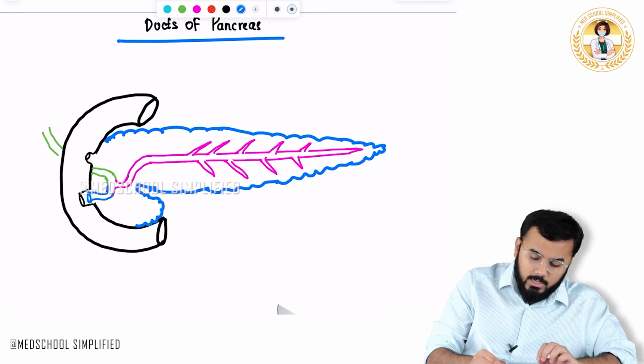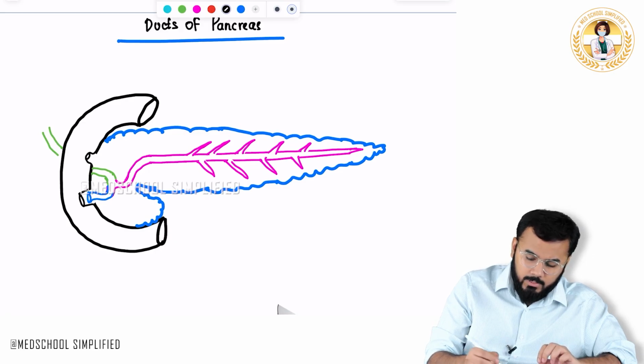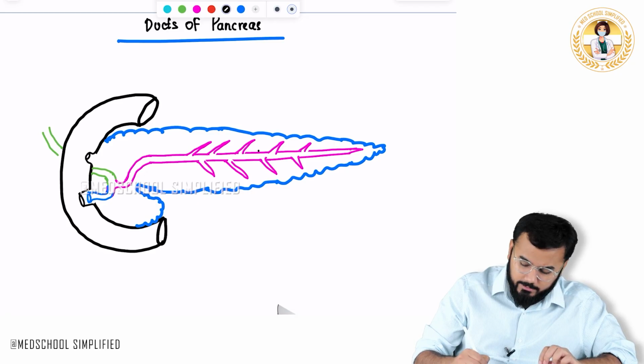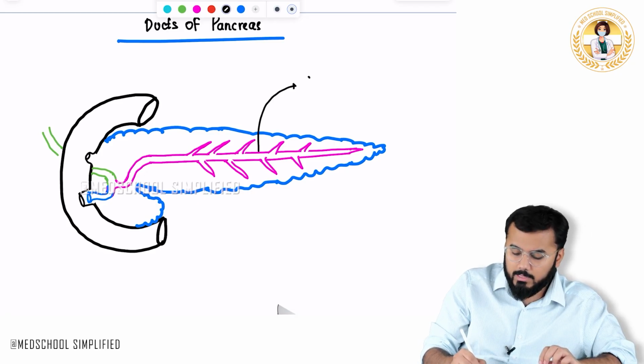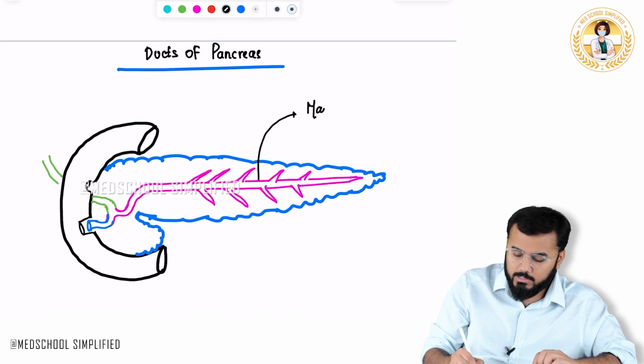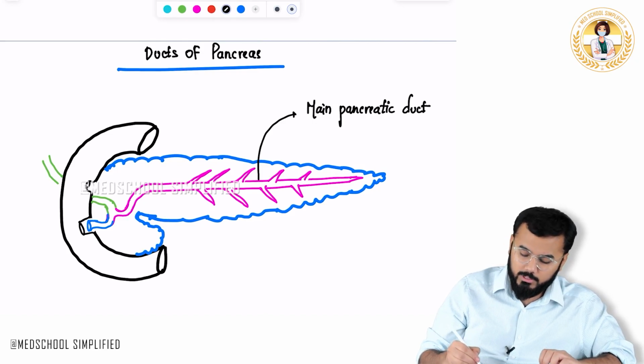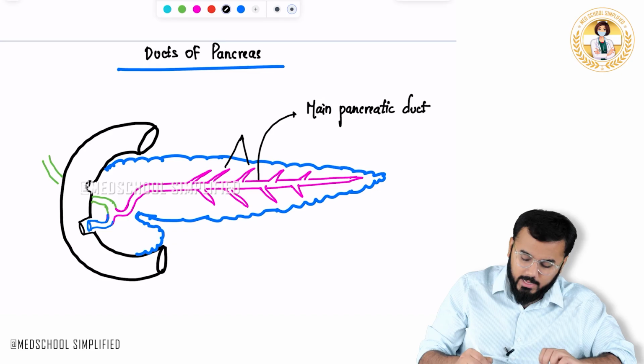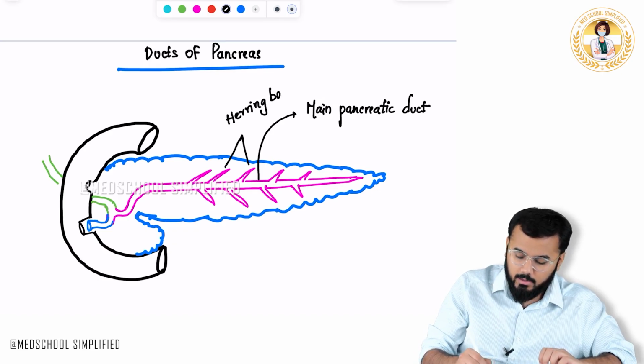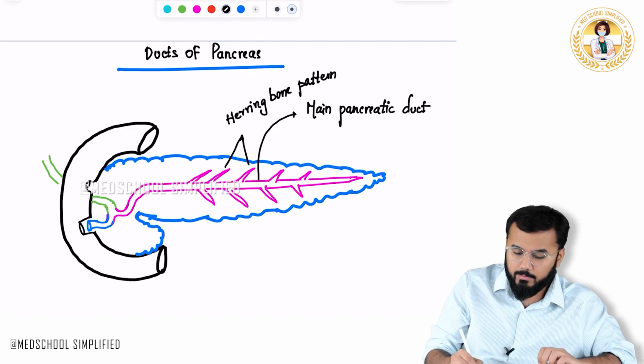Let me just write down the things so that it would be easy for you. This structure over here in the center is called the main pancreatic duct. In this main pancreatic duct, all these small ducts which you can see over here are arranged in a herringbone pattern.